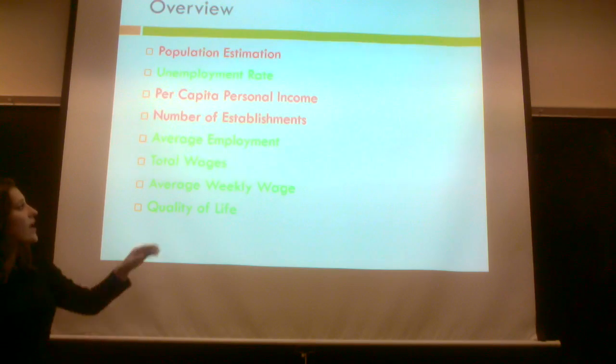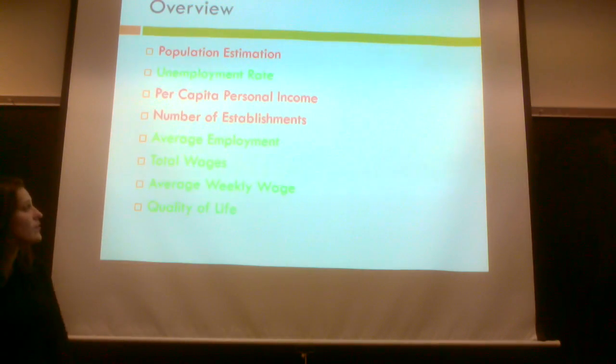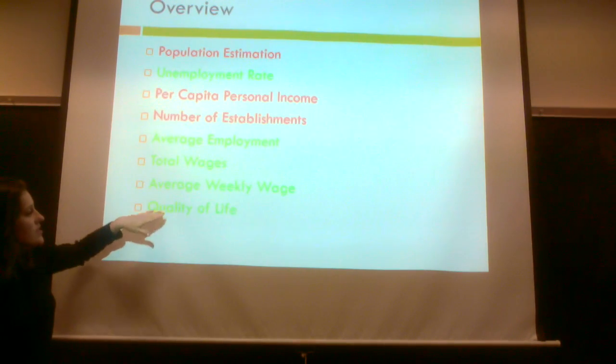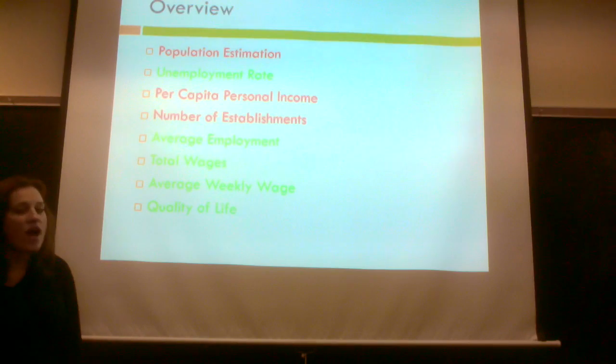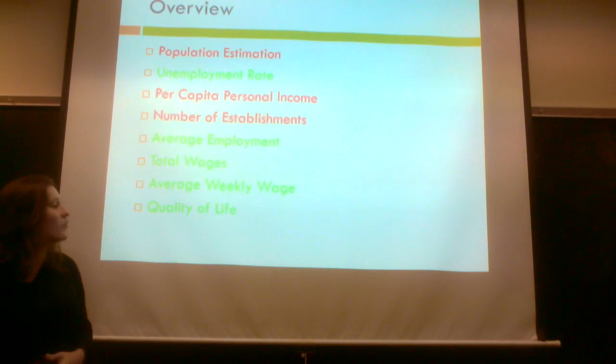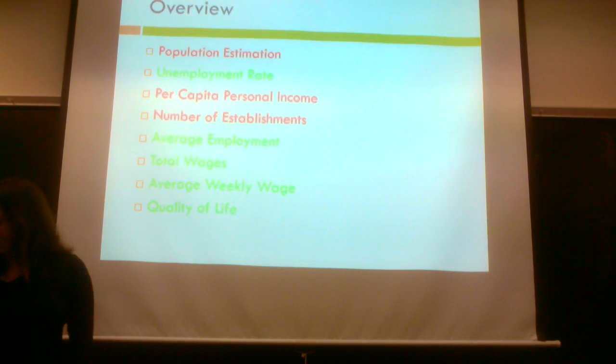On the other hand, we have average employment in green because that's a good indicator. The average employment was increasing since 2008, as were the total wages and the average weekly wage. And then, as I said before, quality of life is more subjective. We don't have any numbers to compare, but it's in my personal opinion that the quality of life is a good indicator in Champaign County.